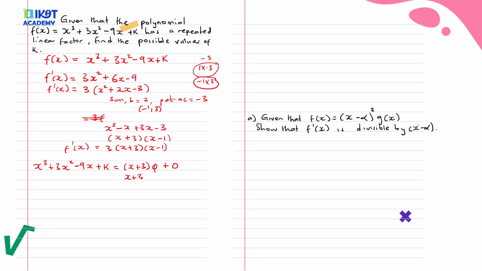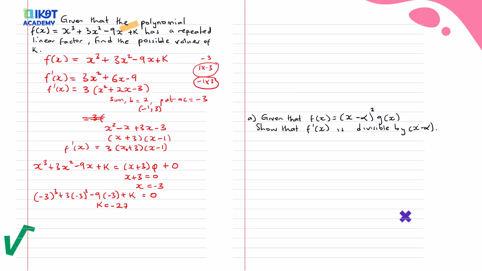So now we can substitute the way we've always been substituting. Here x is negative 3. Substitute negative 3 here: negative 3 cubed plus 3 into negative 3 squared minus 9 into negative 3 plus k is equal to 0. So here we have k is equal to negative 27.